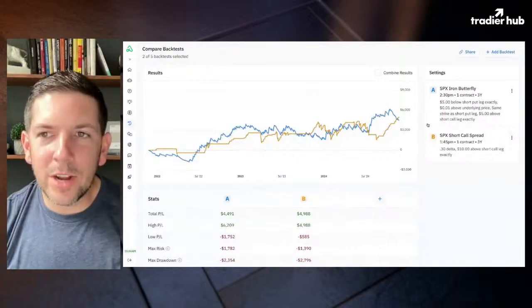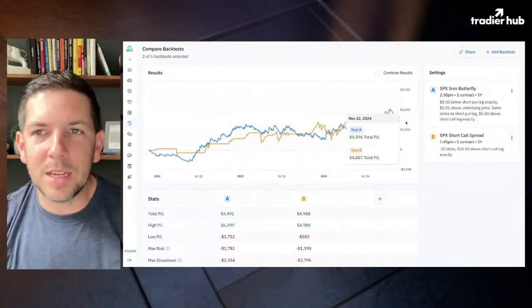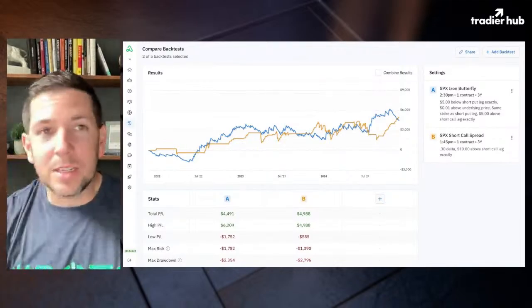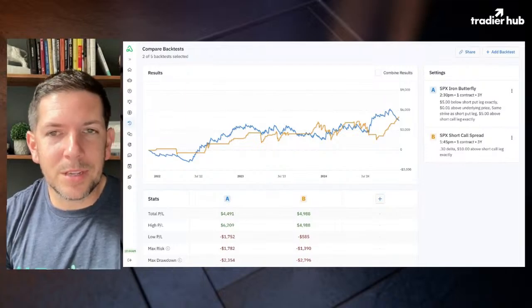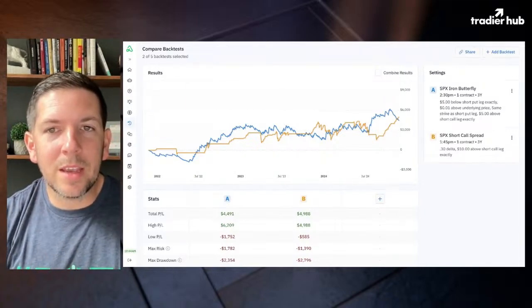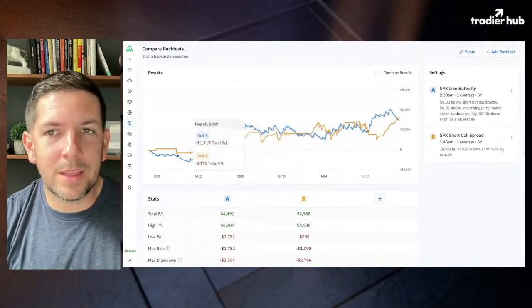And this is two strategies. We'll just keep these two strategies for now because it visually does a good job representing two completely different strategies that you can run, where, to a certain degree, one zigs when the other zags.